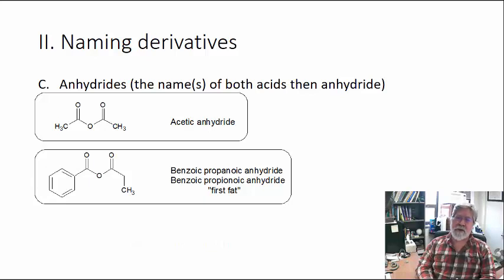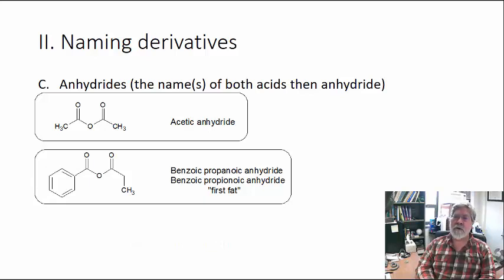Here again, I think you should at least know that the smaller acids have common names, although I don't know many people who still call this particular acid by its common name. So benzoic propionic anhydride. Interesting oddball trivia. Propionic is derived from the Greek, which means first fat.